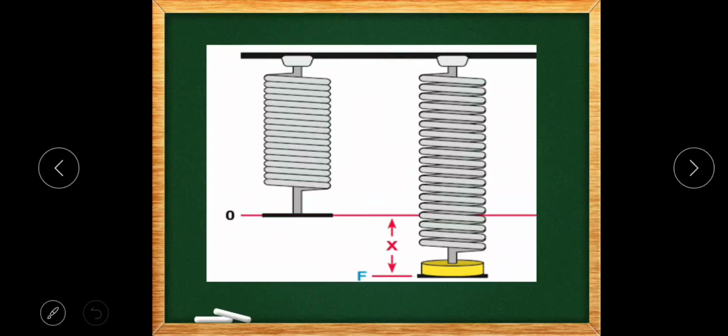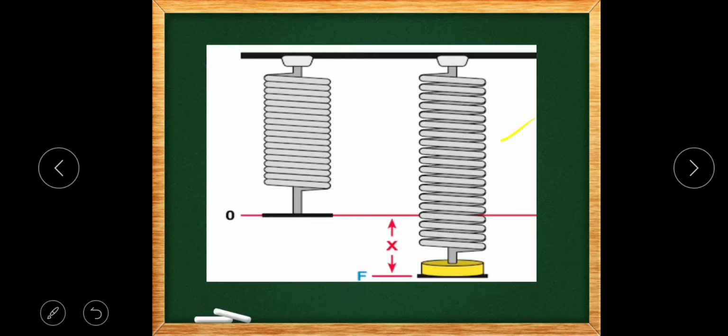If we stretch a helical spring by gently pulling its ends, the length of the spring increases. On leaving the ends of the spring, it regains its original shape and size. So this property is called elasticity.